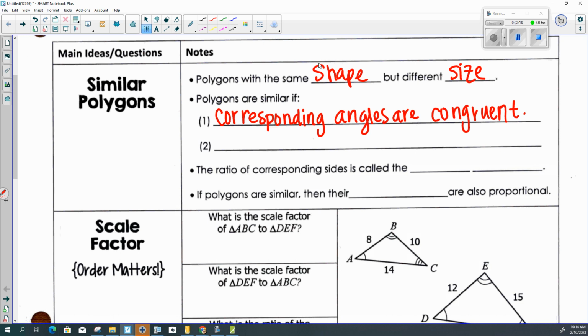Or if they're building a new town center, or a new ice skating rink, sometimes they'll make a small replica that has the same dimensions, it's just shrunk down. That's an idea. So the angles would still be the same. The corresponding sides, though, are what we call proportional.